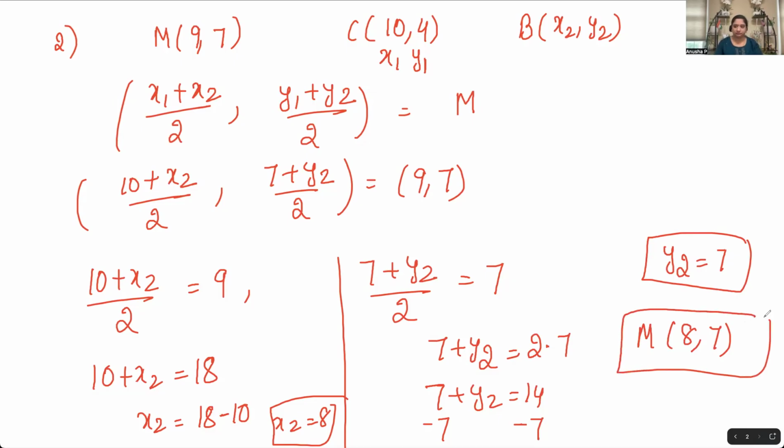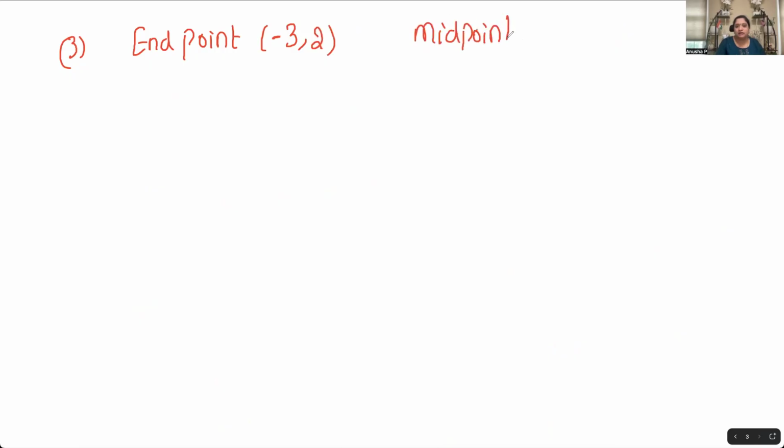Is it clear? Coming to the third example, they give you one endpoint as minus 3 comma 2, and they gave you the midpoint as 9 comma 0. We have to find the other endpoint now.